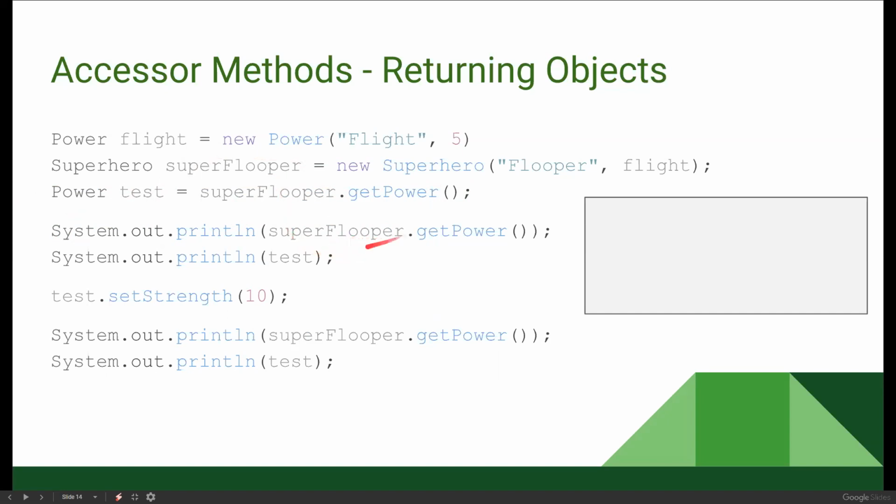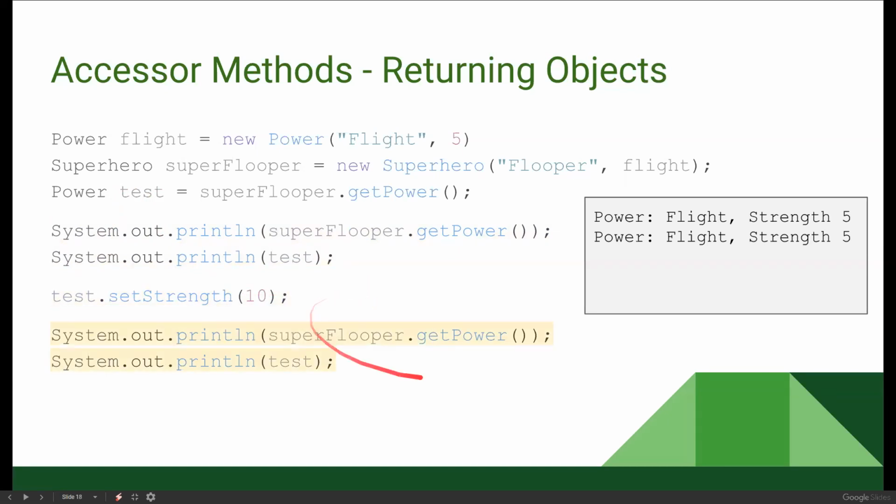If I print both, our power is flight, strength is 5. Power flight, strength is 5. Then if I set the strength within my test object to equal 10, both are going to be updated. Wow, that doesn't fit. It fit when I was making the presentation, so I don't know what happened. But now both of them are changed, which usually is not what we're going to be aiming for.